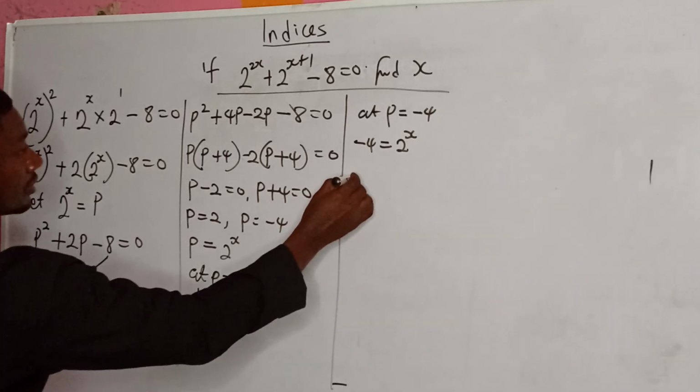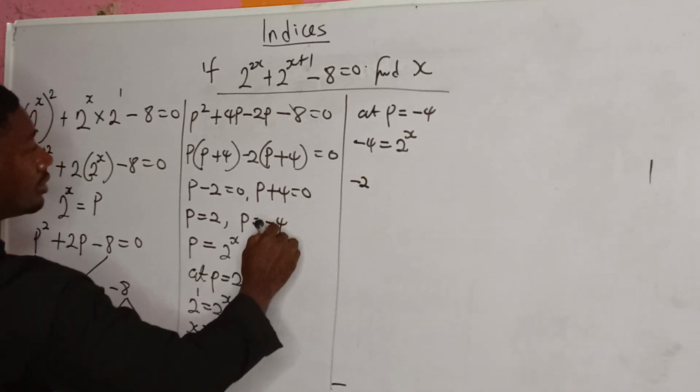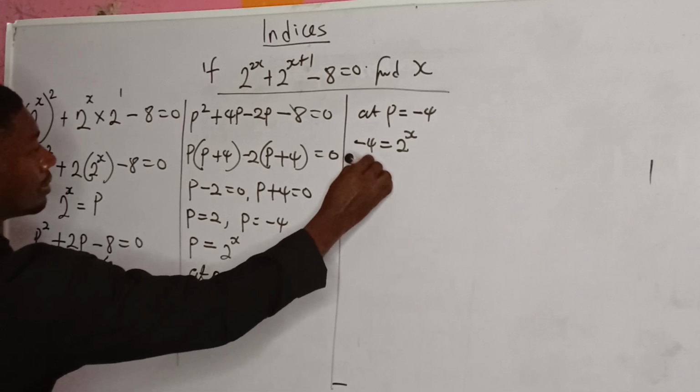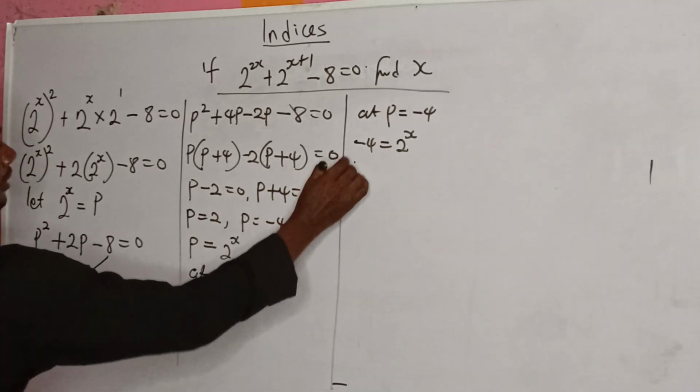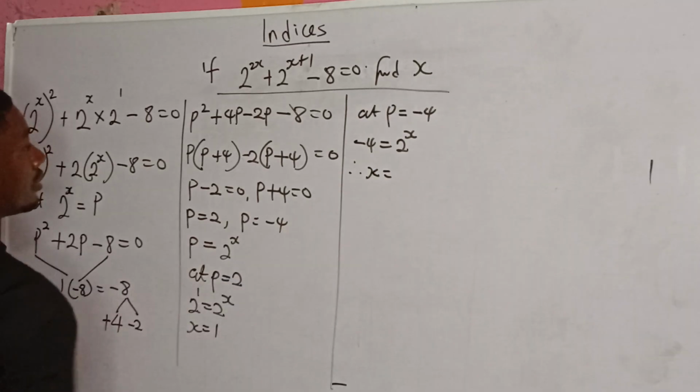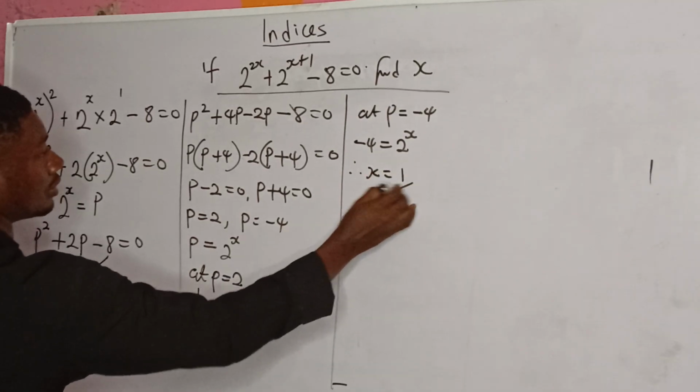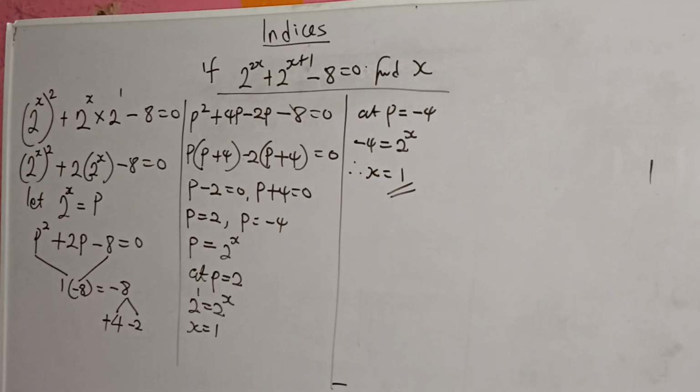Okay, let's try minus 2 power 2. No, it won't work. So you can't. Therefore, x is equals to 1. Once the base has a negative sign, it's very hard to express in power.